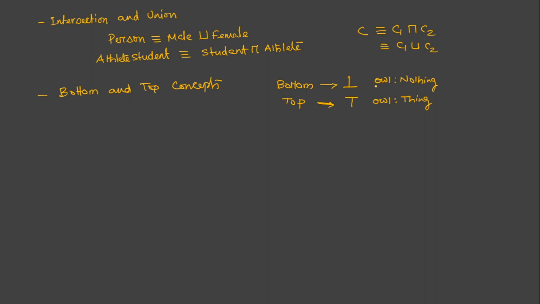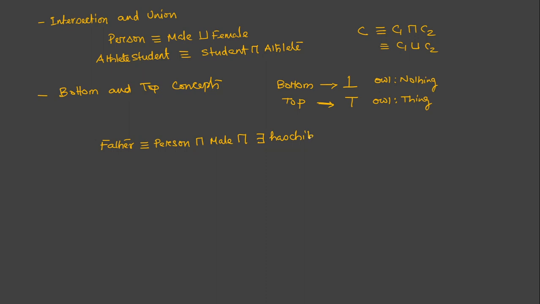So one example of using this top class would be, let us try to define, say, father, right? So you are defining the class father. So father is equivalent to person and male, and if someone is a father, he has got at least one child, right?